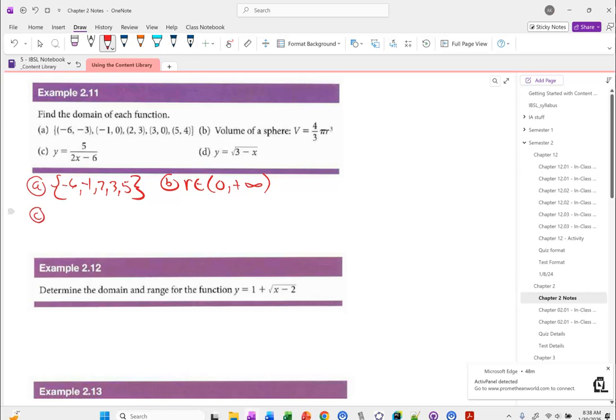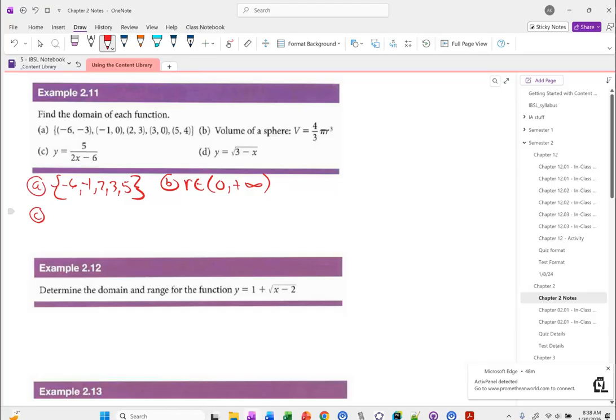Okay. Let's look at C. This function involves the operation of division. How do I know that? There's a fraction bar, right? When we're dividing, what value is the problem? 0.